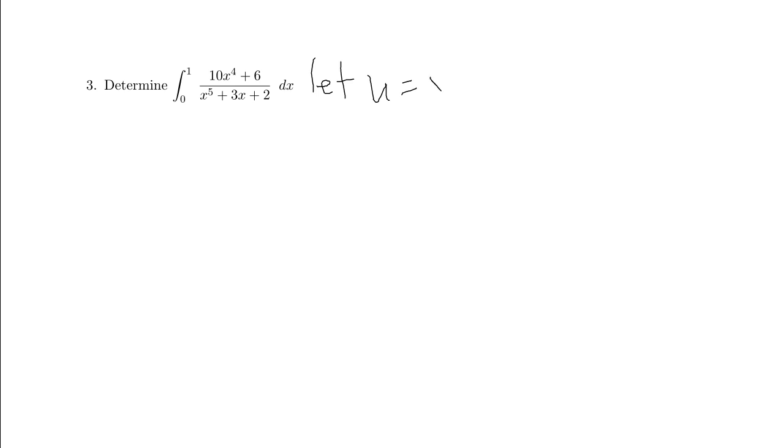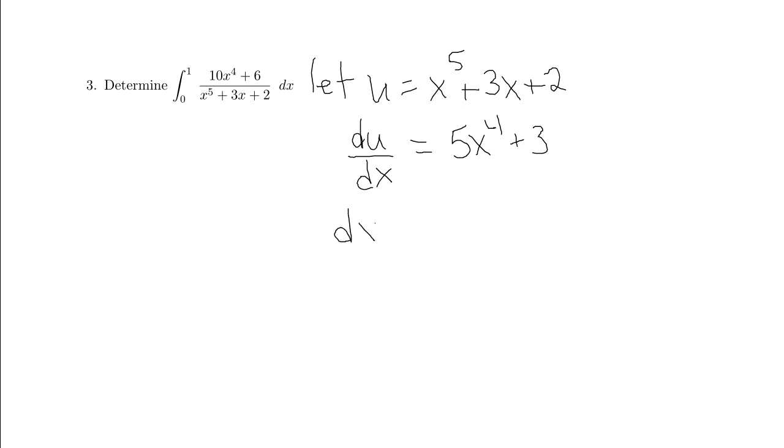So I'm going to pick u equals x to the 5 plus 3x plus 2. When I take its derivative, du dx, I get 5x to the 4 plus 3. And so dx ends up being 1 over 5x to the 4 plus 3 du.